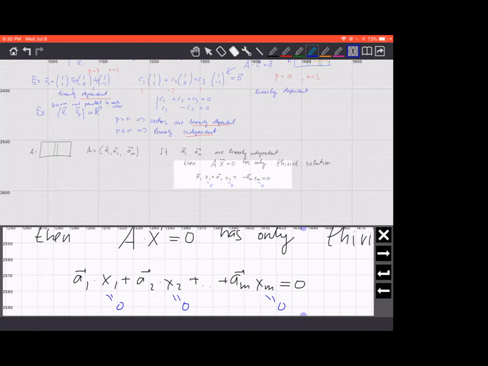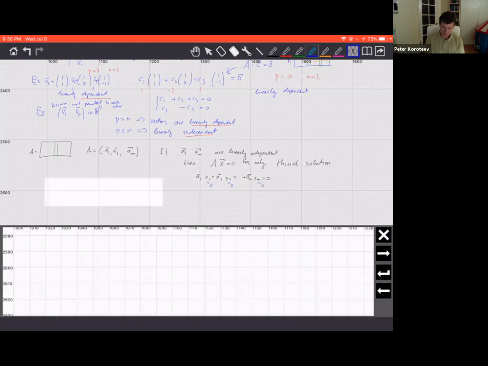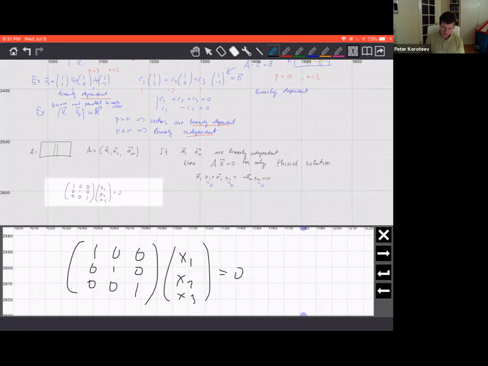Yes. For example, if you have the matrix with 1, 0, 0, 0, 1, 0, 0, 0, 1, acting on the vector x1, x2, x3 equals 0, clearly these three column vectors are linearly independent, because there's a one in a different position and zeros in the others.